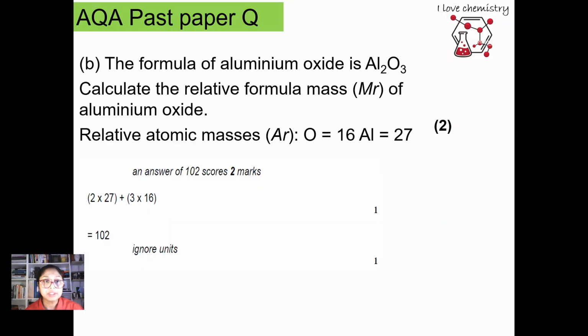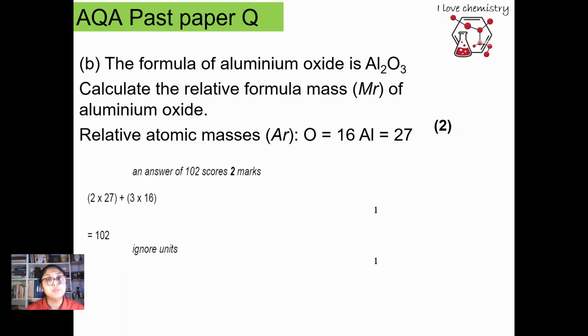So this is the mark scheme. What you need to do in step 1, showing the work. So you are calculating the relative formula mass of aluminium oxide. Remember, considering each of the atoms in aluminium oxide, that means 2 aluminium and 3 oxygen atoms are there.